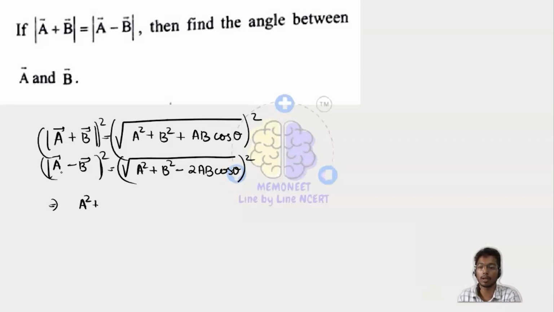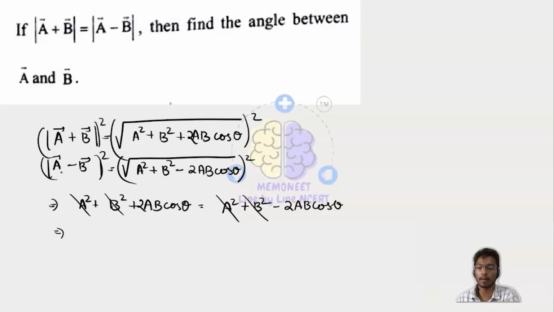So this will be a square plus b square plus 2ab cos theta is equal to a square plus b square minus 2ab cos theta. Here a square and a square cancel, and b square and b square cancel.